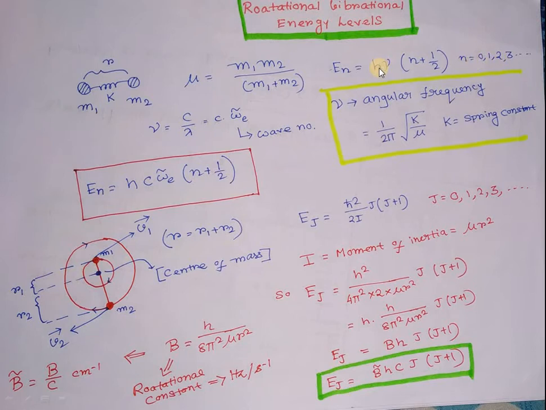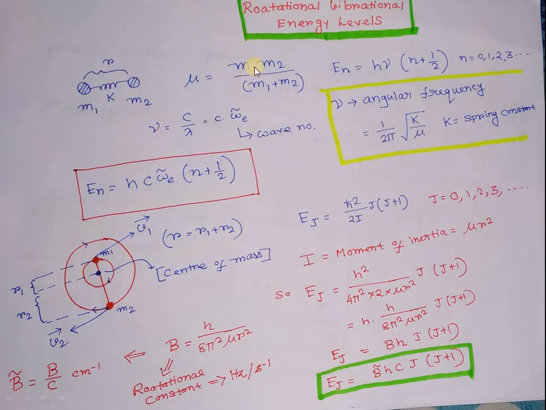Now h is Planck's constant and nu is called the angular frequency. This nu is equal to 1 by 2 pi root over k by mu. All those expressions were derived in my previous lecture. So the expression of this frequency is 1 by 2 pi root over k by mu, where mu is called the reduced mass of the system.